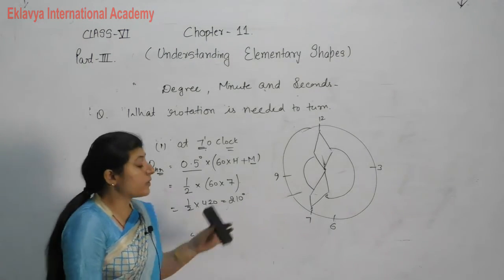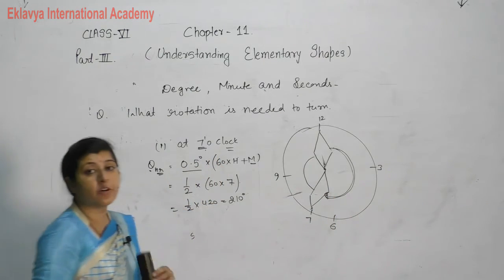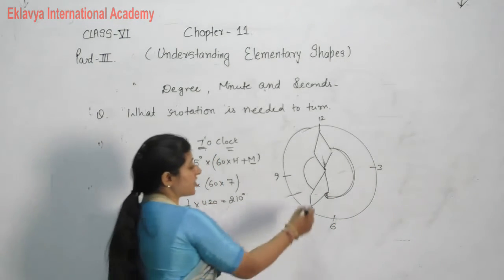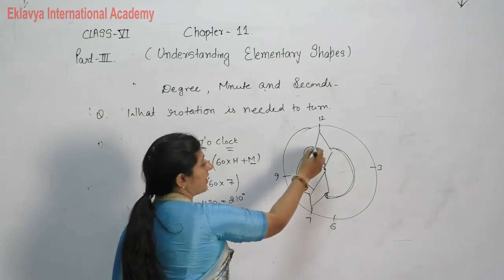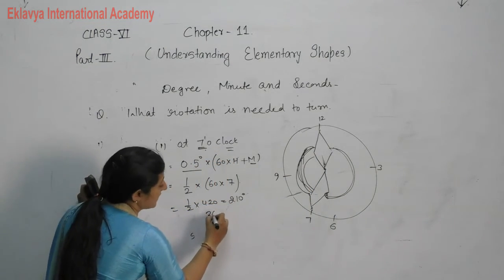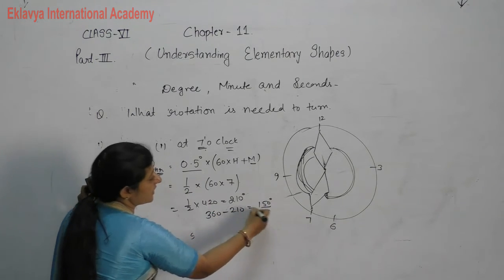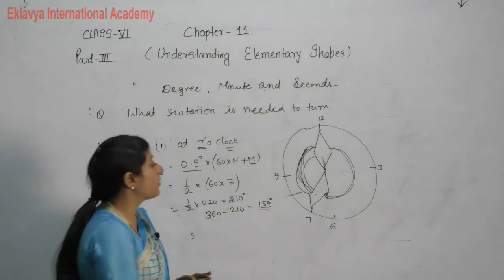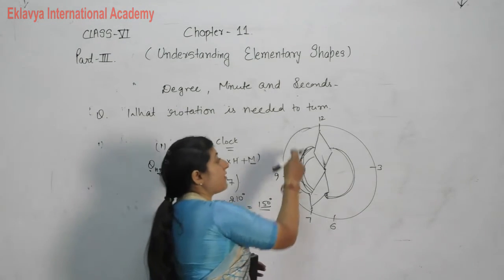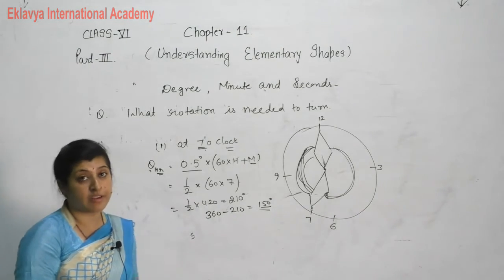But this 210 degree is in a clockwise direction. If we want the angle directly in the anti-clockwise direction between these, then what we will do? We will take the reflex angle, 360 minus 210, that is equal to 150 degree. You can count also. Between 7 to 12, there are how many hours? 5 hours.